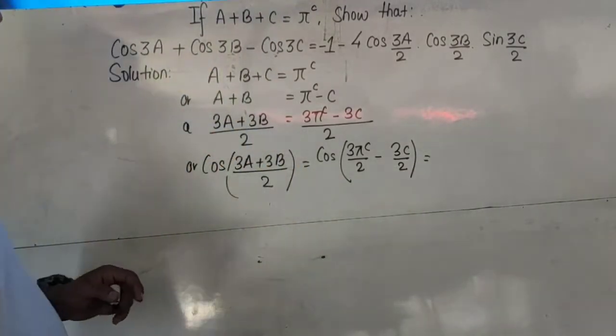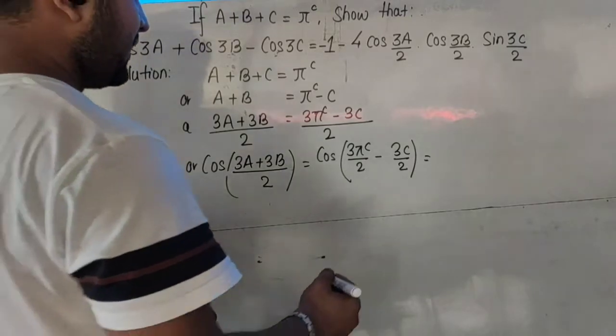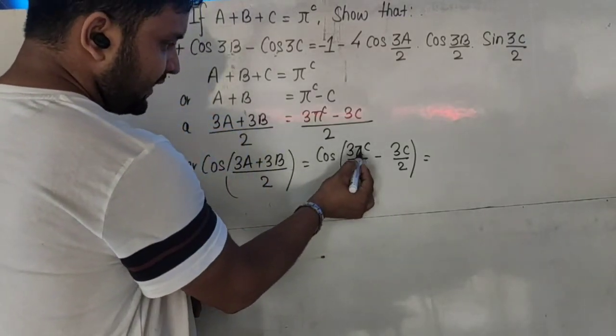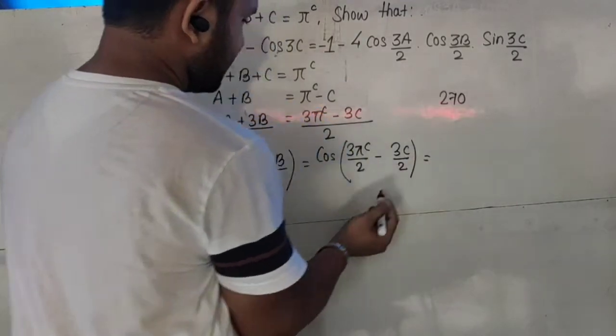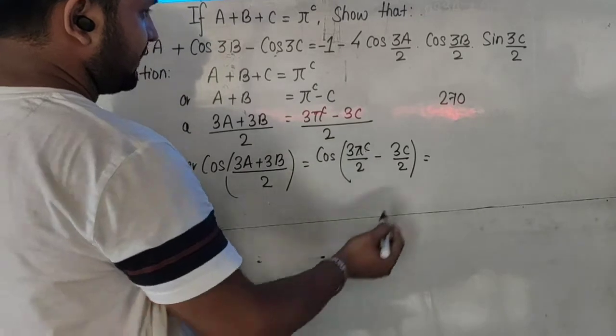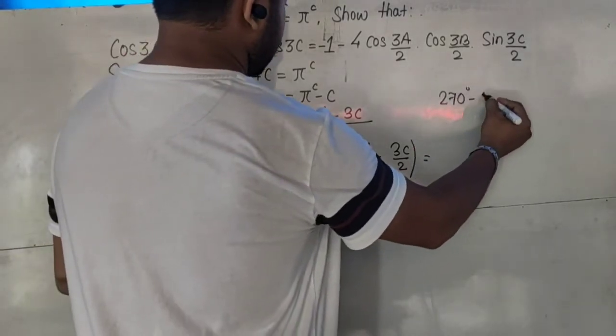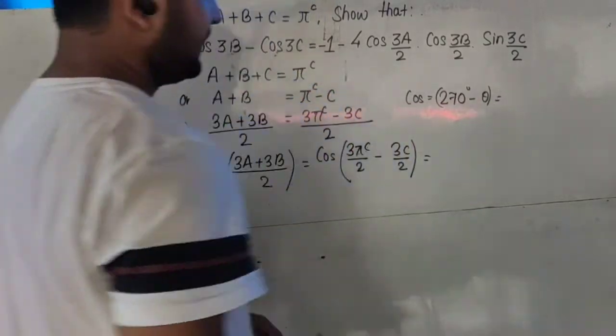We know that pi radian is 180 degree. So when you multiply 3 into 180 degree divided by 2, you get here 270 degree minus theta. Let's recall the formula for cos 270 degree minus theta.